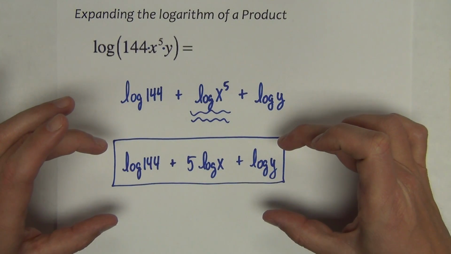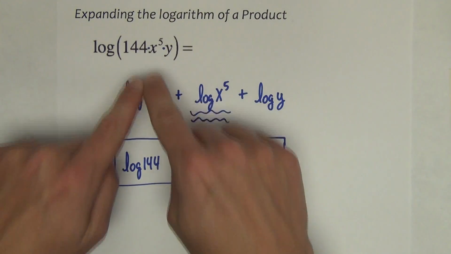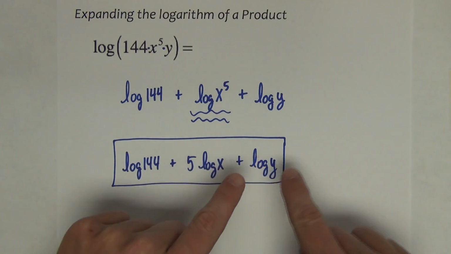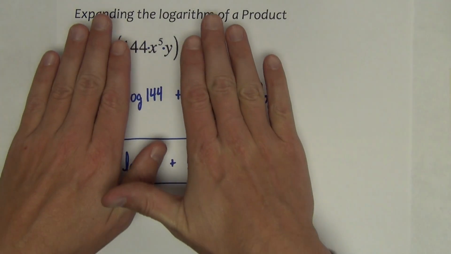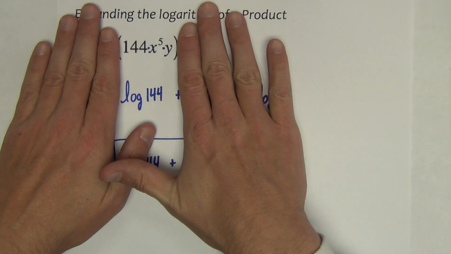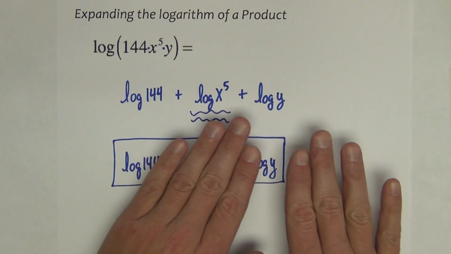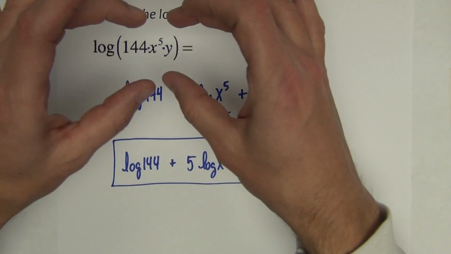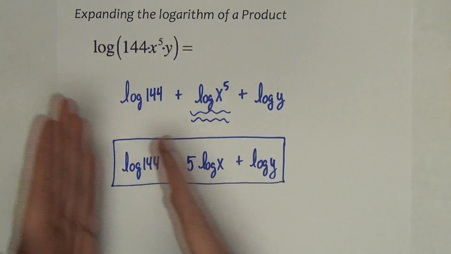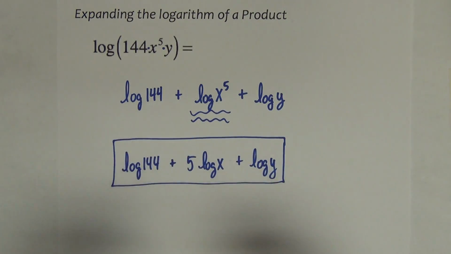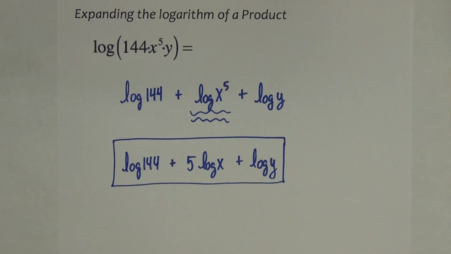It's very useful to be able to take complicated expressions like this one and simplify them to much simpler expressions. You would probably all agree with me that 144 is simpler than 144x to the 5th y, and so is x much simpler than the whole thing, and so is y. So we're taking complicated expressions and re-expressing them into simpler expressions. We have more terms, but each one is simpler. That's the idea.